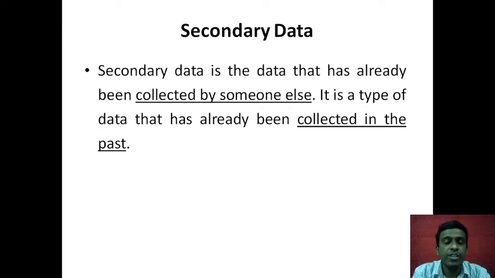Secondary data is generally used by researchers when they are doing literature review. Also, it can be used for analysis of data when it is readily available, when there is a time limit, and when you cannot spend more on market research. You can use secondary data which is readily available.